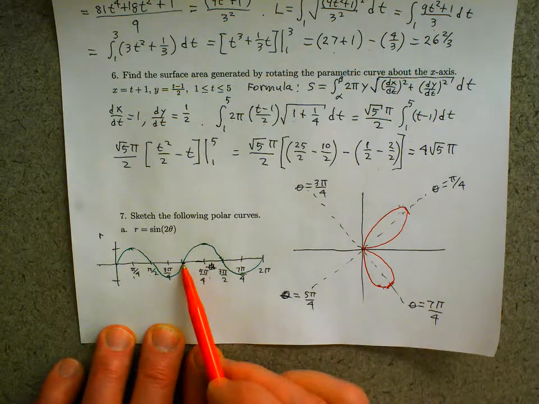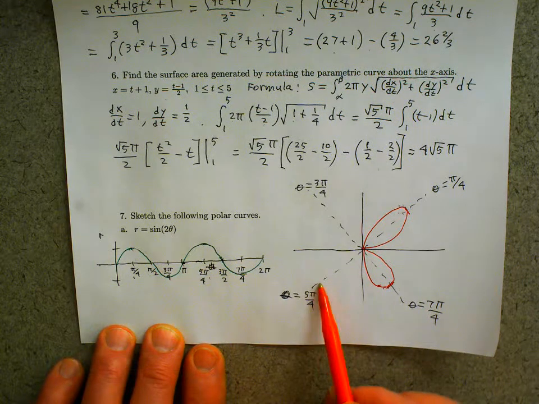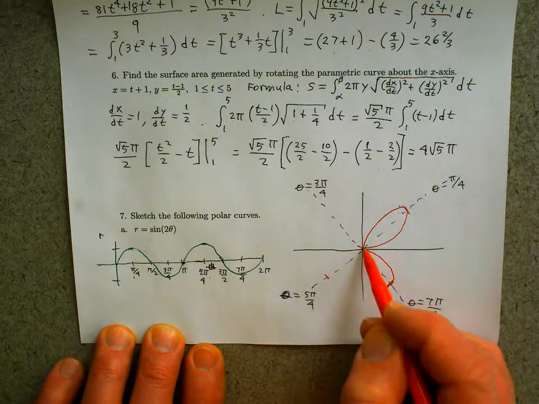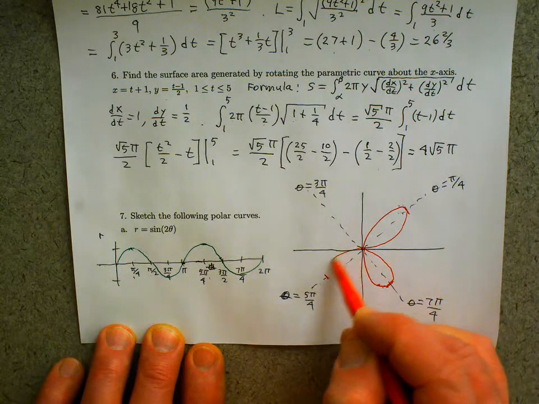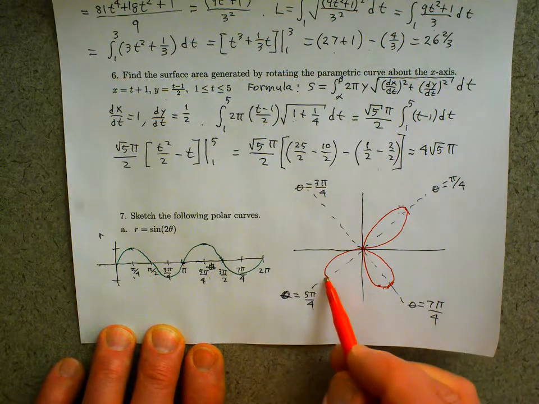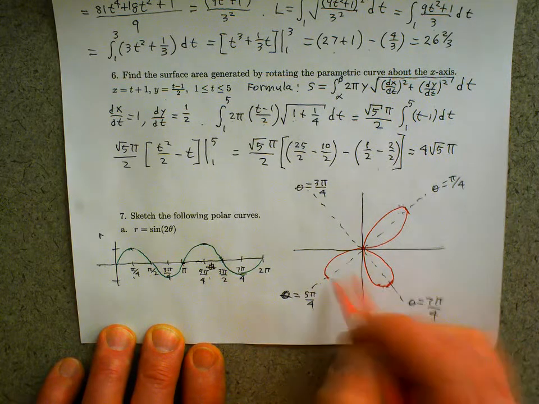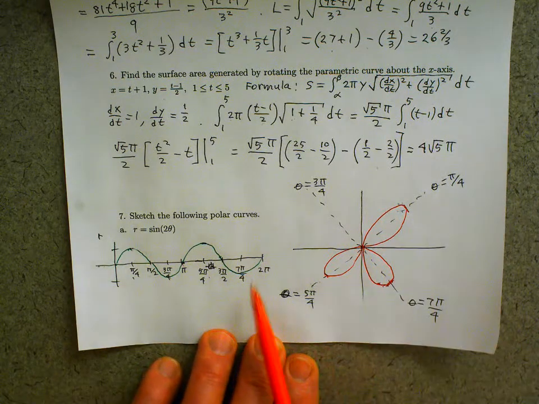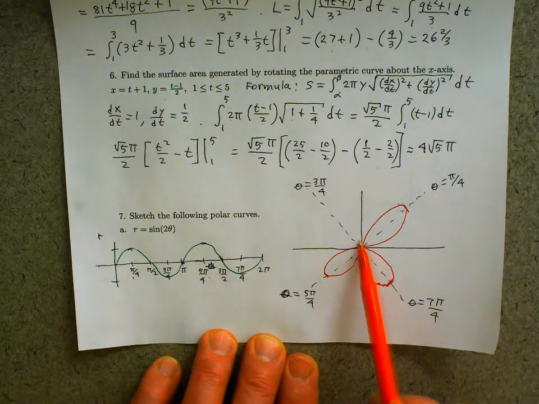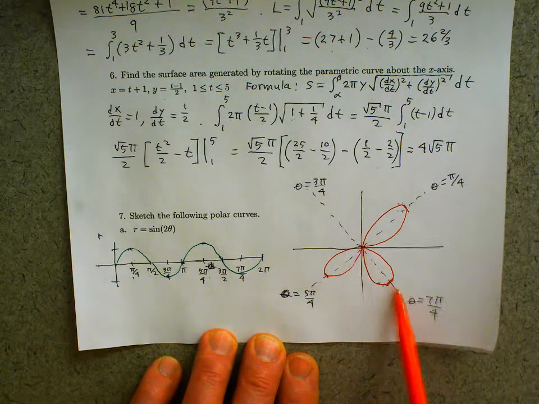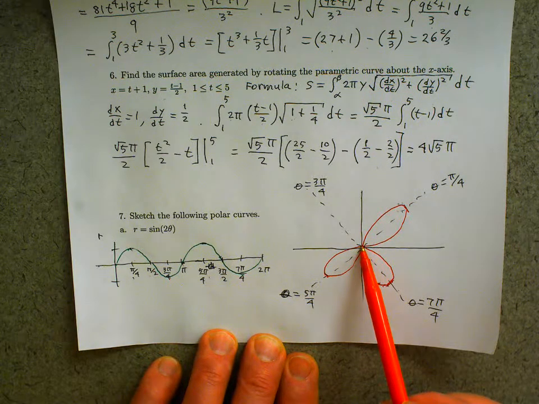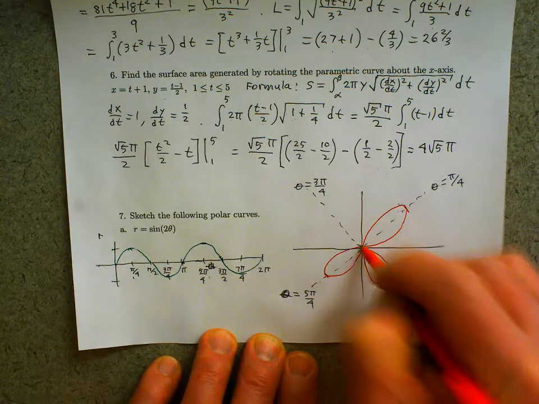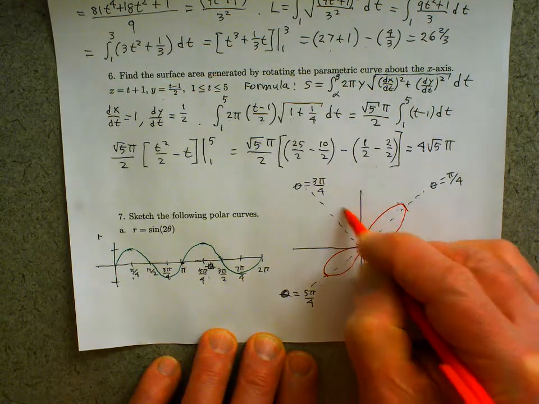At 5 pi over 4, the r value is positive 1 again, so the graph comes out here, and then it goes back to 0 at 3 pi over 2. And then at 7 pi over 4, the r value is negative, so the polar curve goes in the opposite direction from the origin, so the polar curve goes up here.